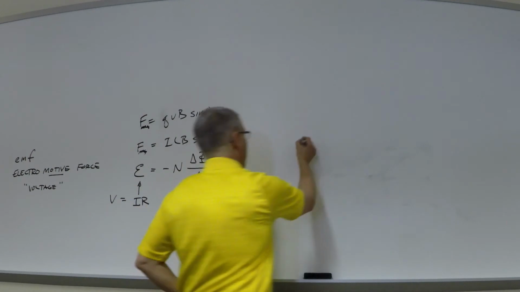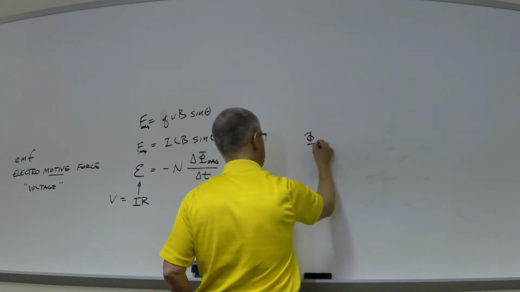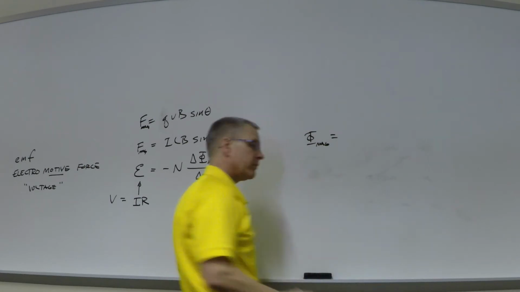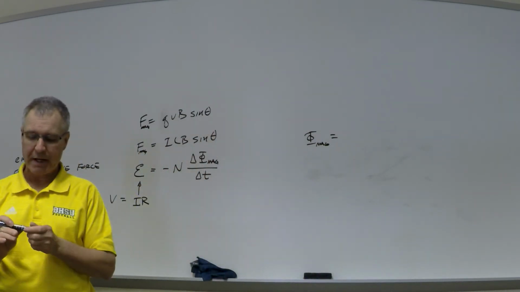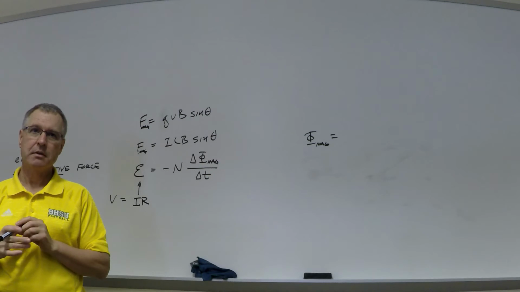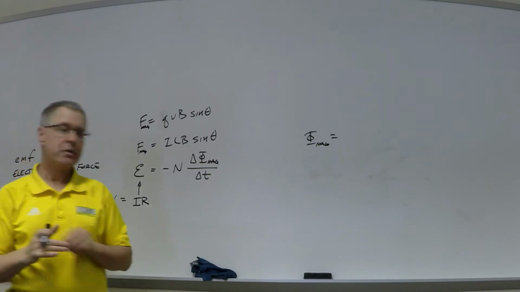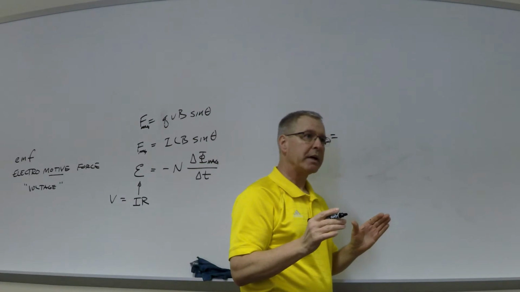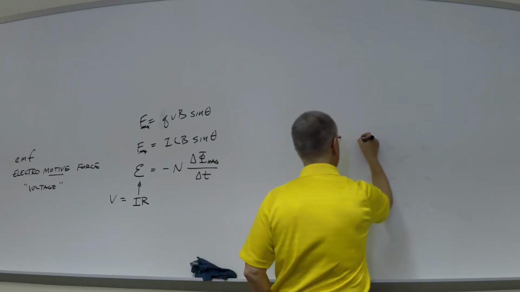So how can I change that flux? We actually had 3 different ways to do it. I could change the area of the loop. I can make my loop bigger or smaller.